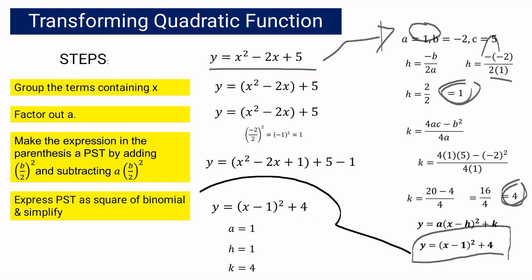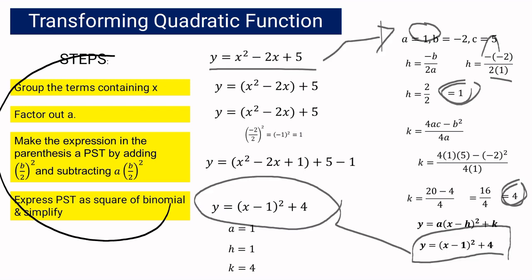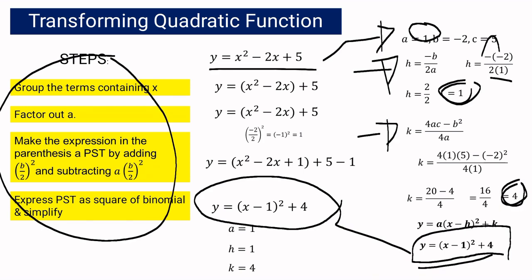And obviously, it is the same as our answer earlier. So again, there are two ways for you to transform our quadratic function. It's either you follow these steps or you use the formula for h and k, then substitute in our form.